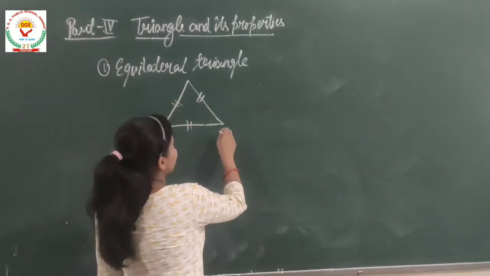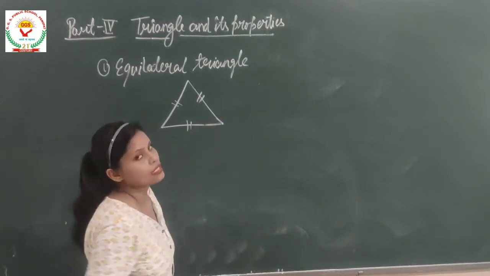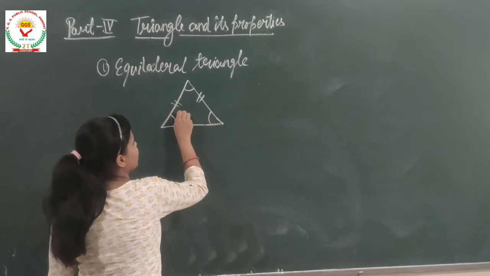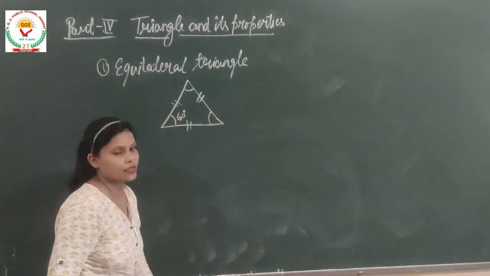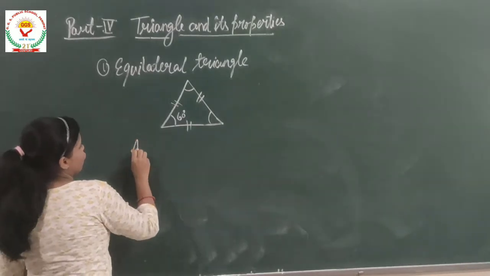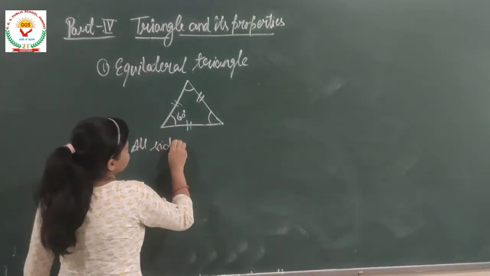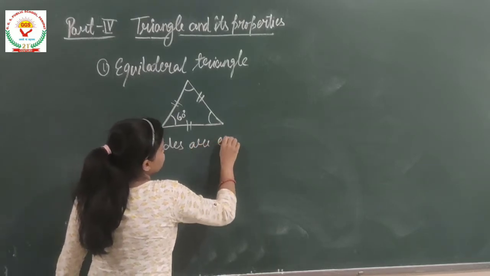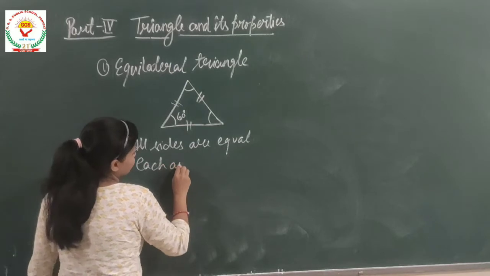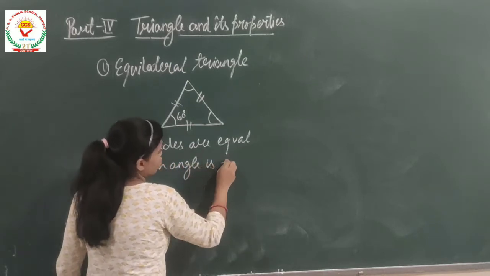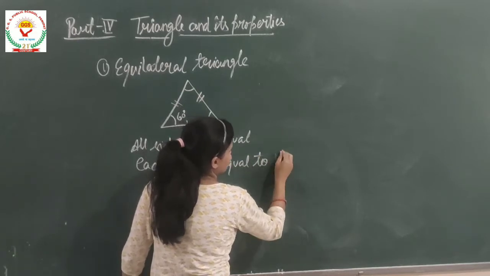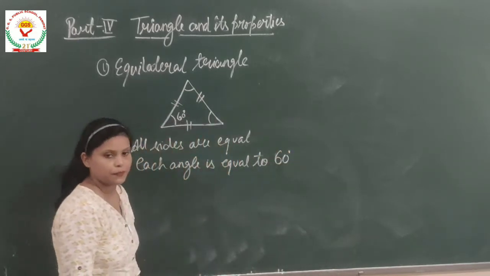One more property an equilateral triangle has is that each angle is equal to 60 degrees. That means an equilateral triangle has two properties: all sides are equal and each angle is equal to 60 degrees, right?